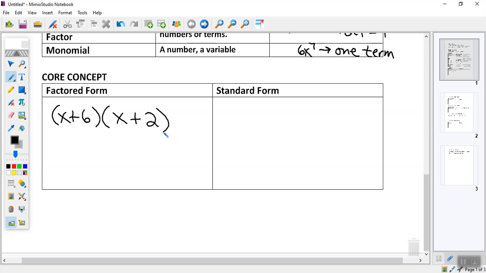So guys, help me with the first part. What's x times x going to give you? Okay. If I looked at the inside and outside part, the outside part right here would be what, kids? Inside part would be, what's 2x and 6x going to combine to for the outside and inside part?